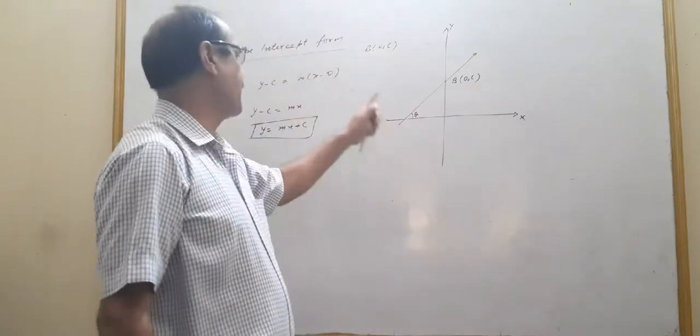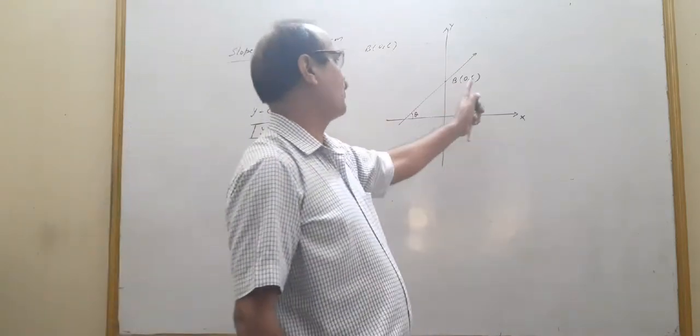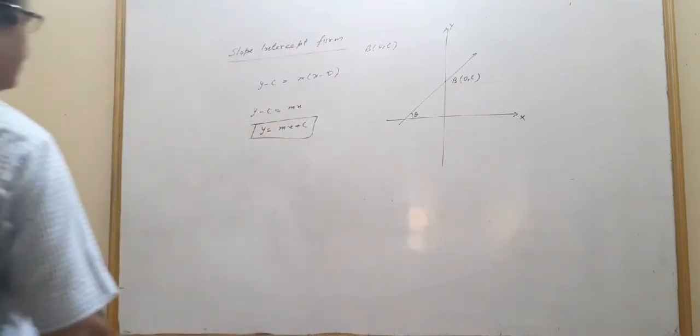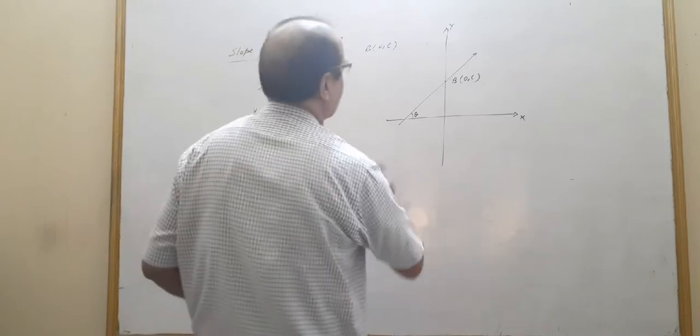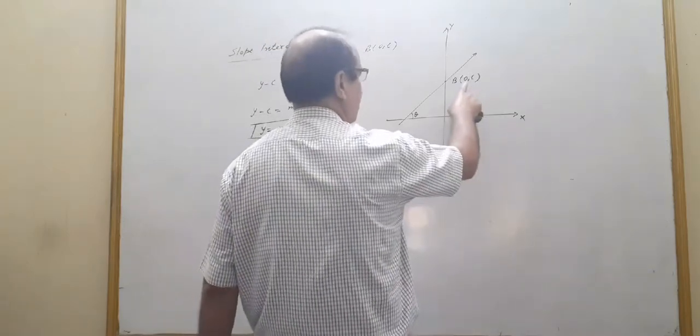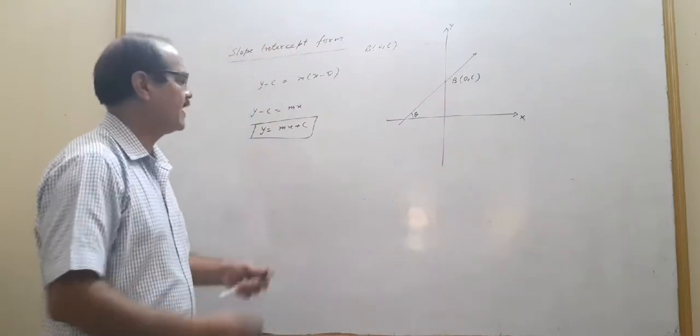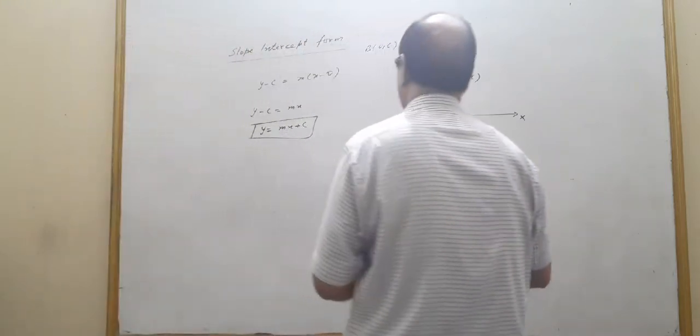If the intercept is made on the x-axis, the point becomes (c, 0), and you can find the equation similarly. This is called the intercept form of line.